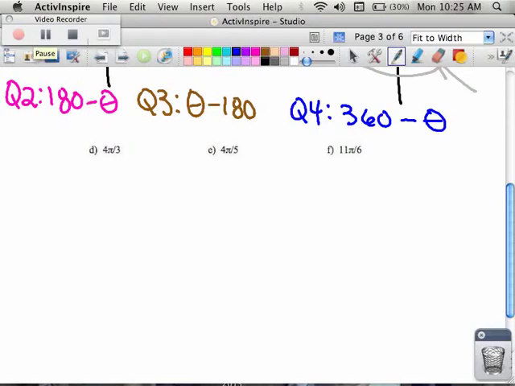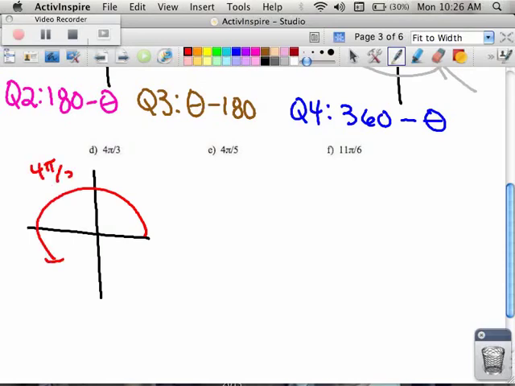So these next three, the only difference is they're in radians. That's it. As I look at the picture, because I know that you've all memorized your unit circle, 4 pi over 3 is in quadrant 3. So here's 4 pi over 3. I don't even know exactly where it is, but this is my angle. Here's my terminal side. Whatever, it's just a visual. I just want to know I was in quadrant 3. The rule in quadrant 3 from up above was the angle minus 180.